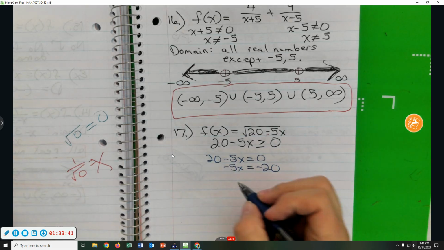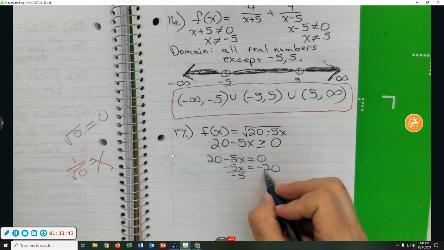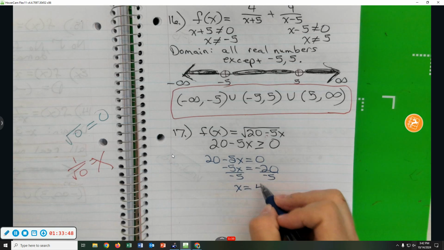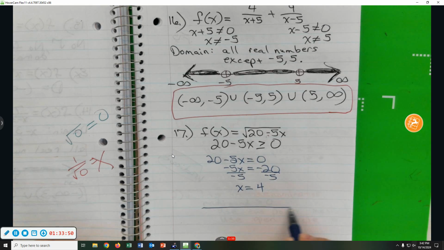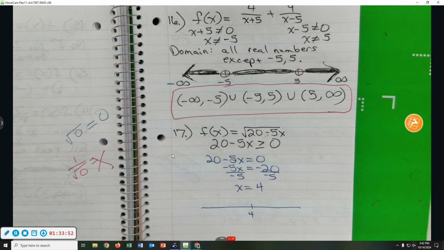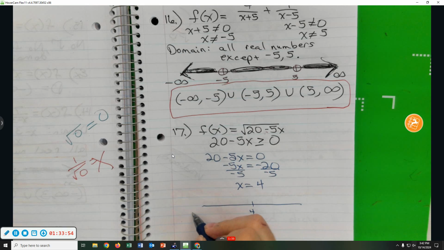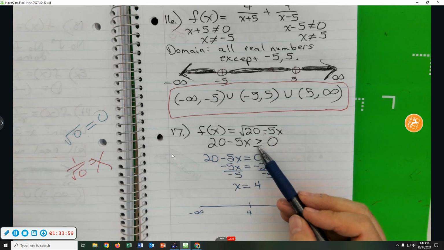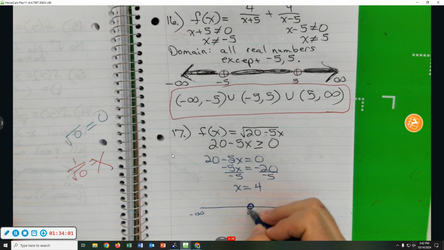Divide both sides by negative 5 to give me x equals 4. So there's the cut point. 4 is going to appear in the domain. And since equality is acceptable, closed circle.